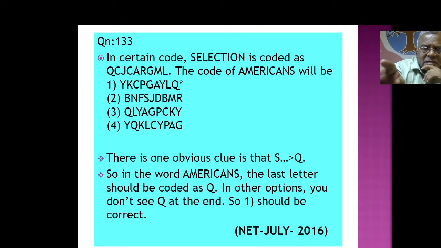According to the condition of the problem, the last letter in the code should be Q, and that clue is what lets us find out the answer. Only in the first option do you see Q at the end. So option 1 should be correct. I hope you understand this.